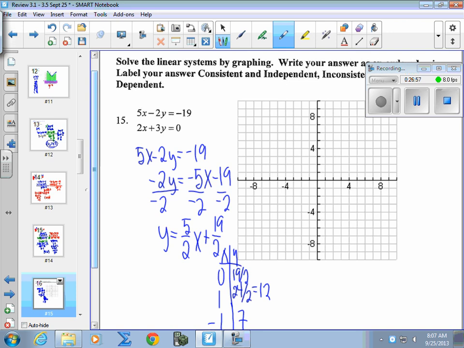That's the first equation. So we have 0 and what is that? 9 1/2. 0 and 9 1/2. So put that point there. And then we have 1 and 12. So we'll put 12 up here. And then we have negative 1 and 7.